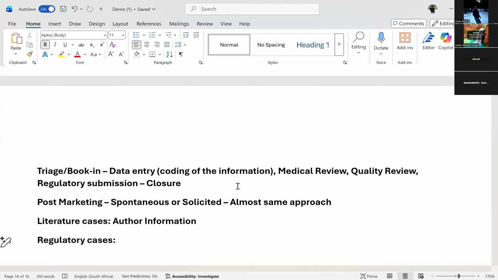The regulatory authorities can forward the case to the MAH, or it is the responsibility of the MAH to check the regulatory authorities' database for cases received for their products. Regulatory cases have different guidelines to process within the safety database because those cases are already in a standard format.